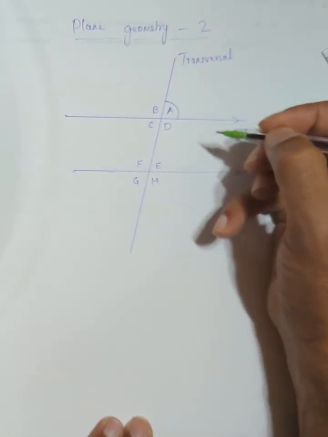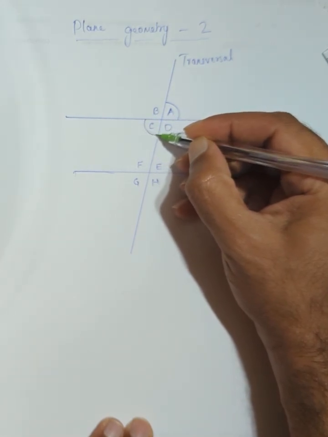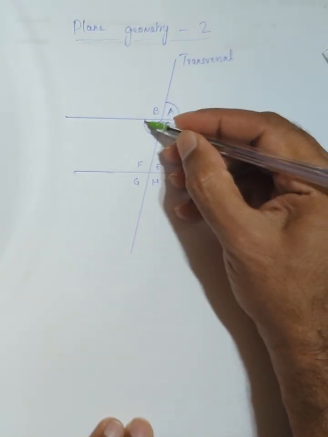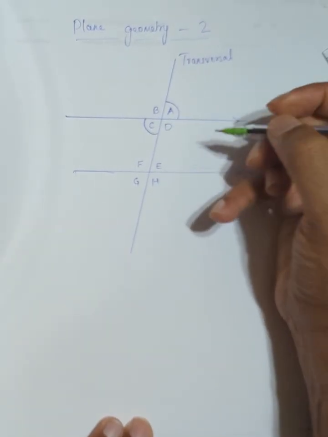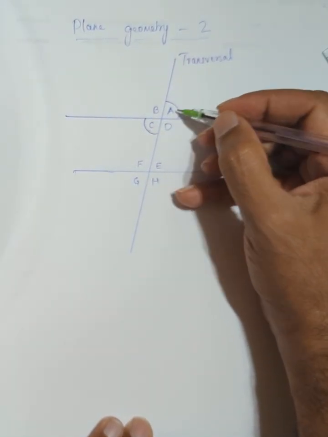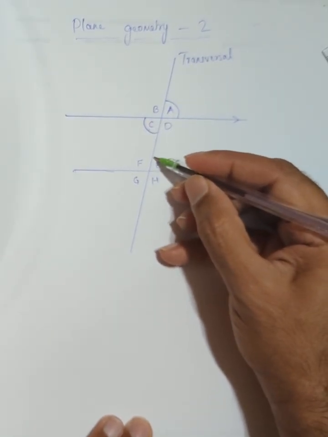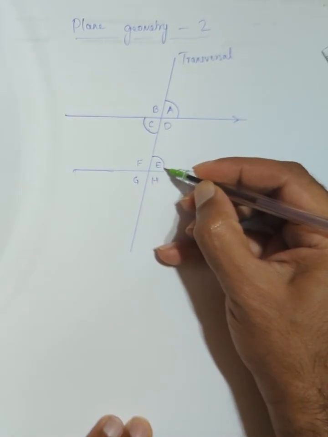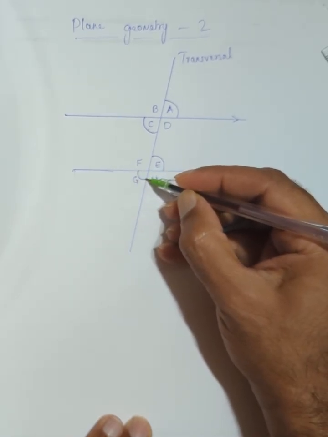So I'm going to draw an arc around A, and I'm going to draw an arc around C. Whenever we write like that, that means we are trying to say that these two angles are equal. And E is also acute. So all the acute angles are going to be equal.